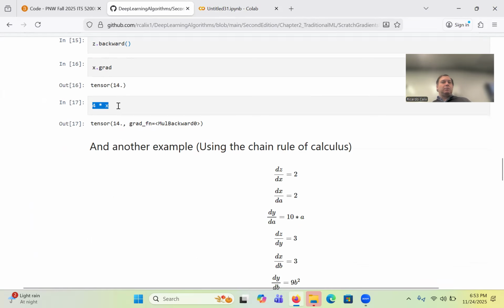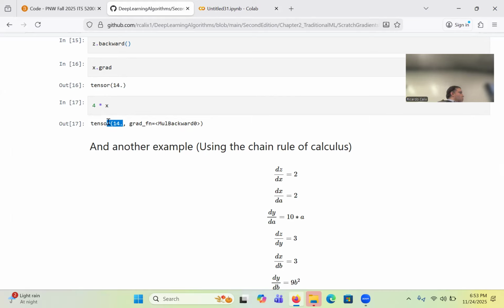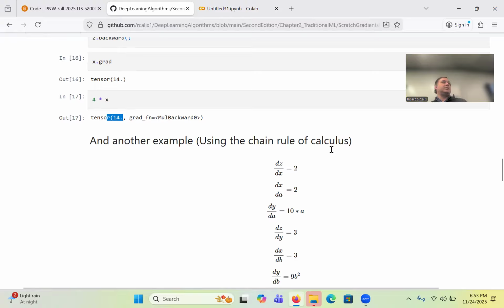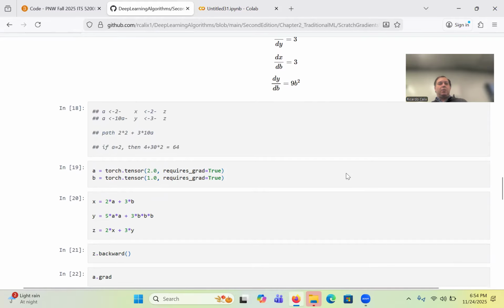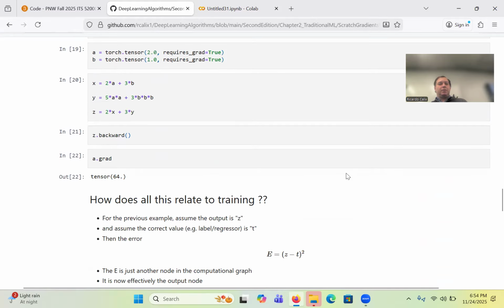And so 4 times x also gives us 14 for that value. And again, this is the value that we would use for the result. Any questions, guys? Anything making sense? So that's the idea. And so that's how we obtain the values that we wanted.